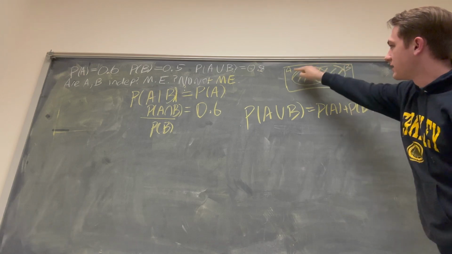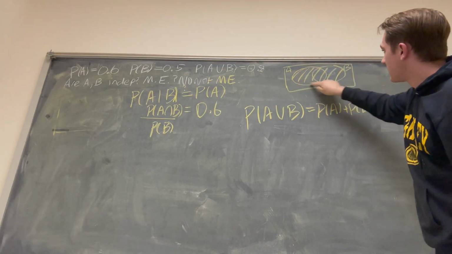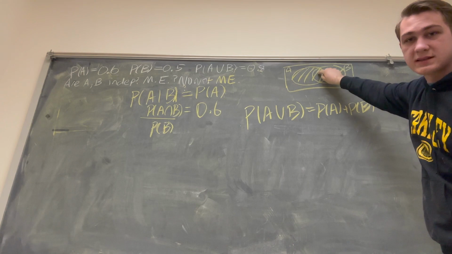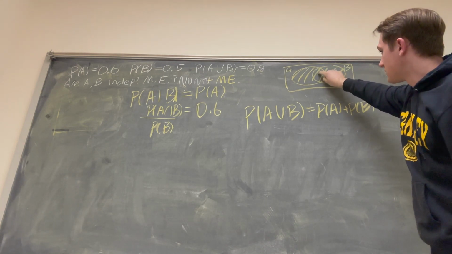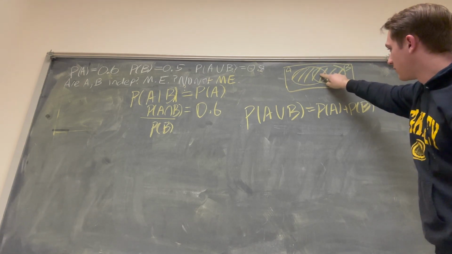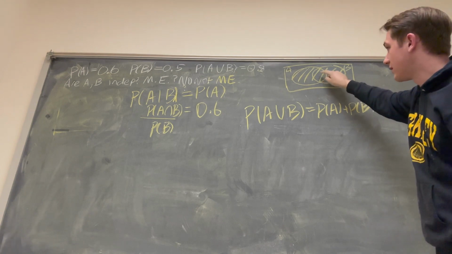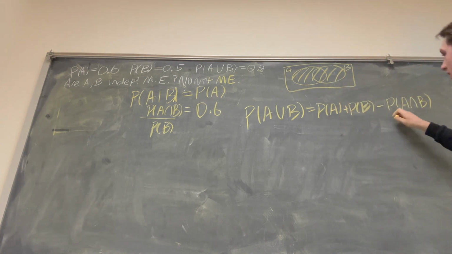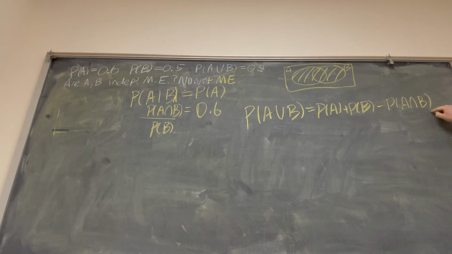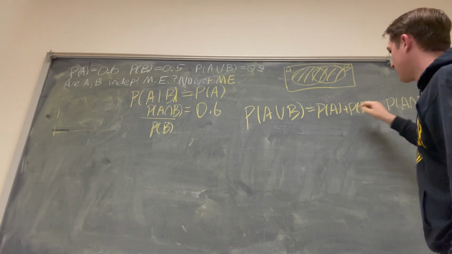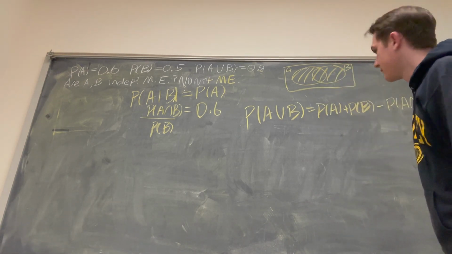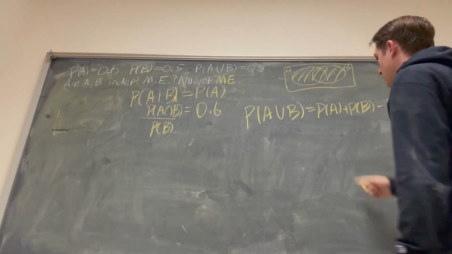But the problem is that when we count this area, this overlap gets counted twice. So what we're calculating is not what we want. We want to get rid of one of those overlaps, so we subtract A intersect B. We're just left with this part, this part, and this part. Hopefully that clears up why this formula is true.